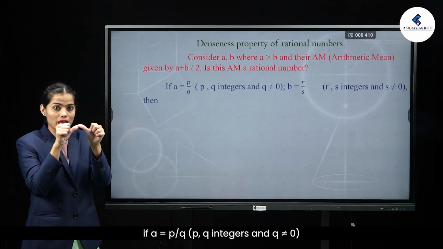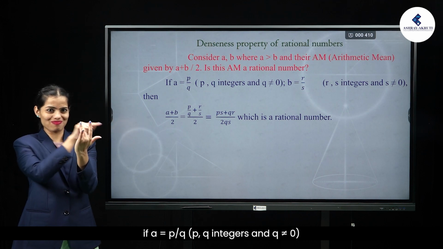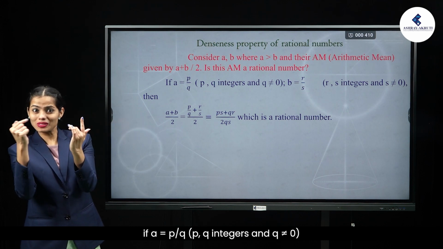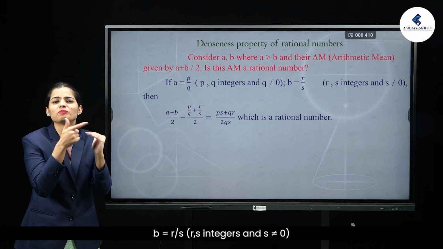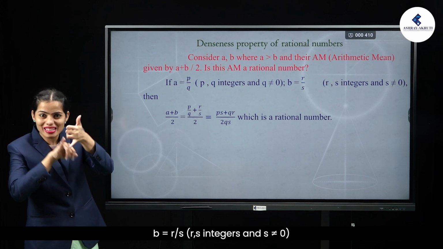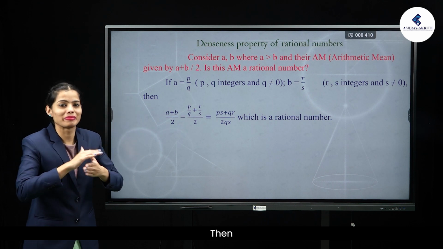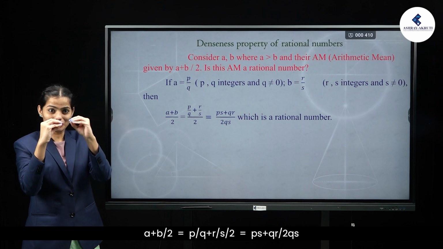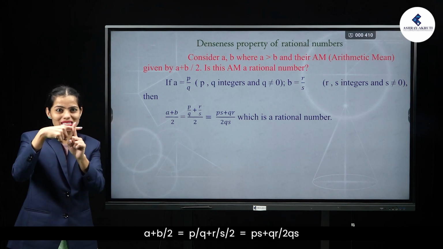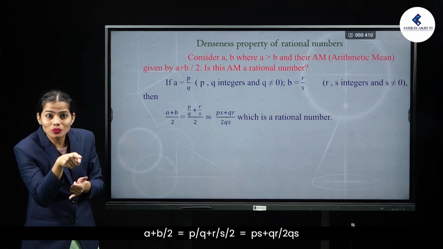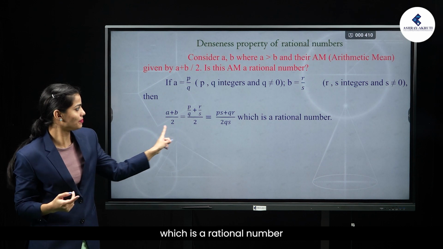If a is equal to p/q, p and q integers and q not equal to 0, b is equal to r/s, r and s integers and s not equal to 0, then (a + b)/2 is equal to (p/q + r/s)/2 is equal to (ps + qr)/2qs, which is a rational number.